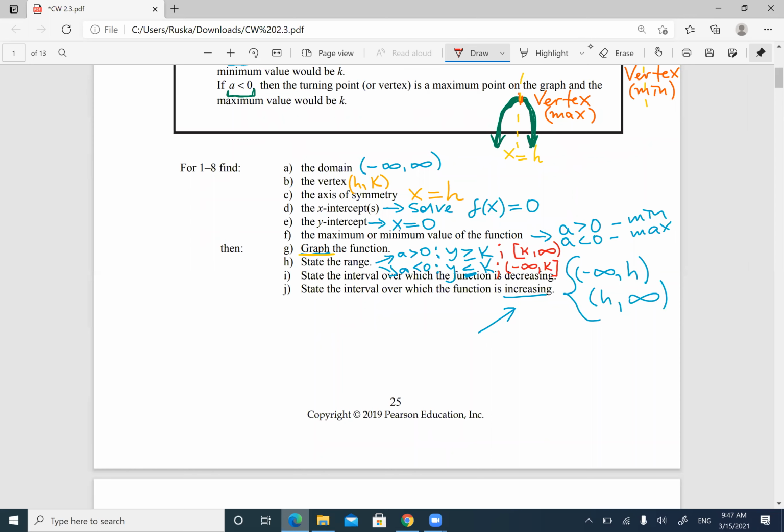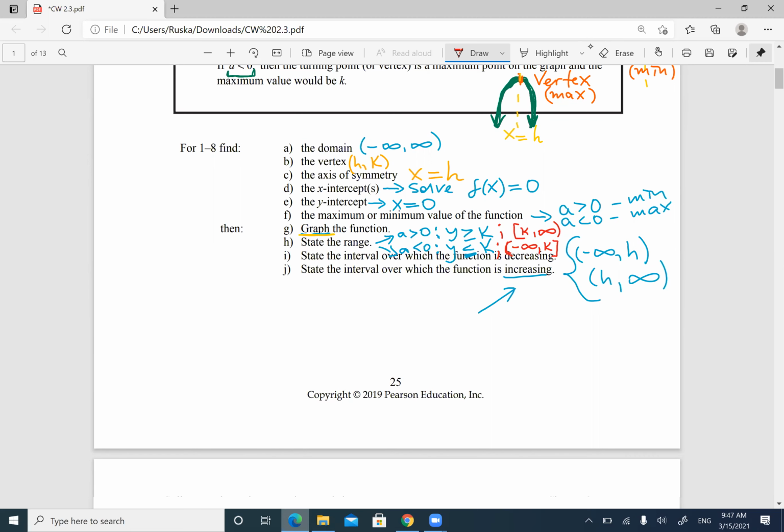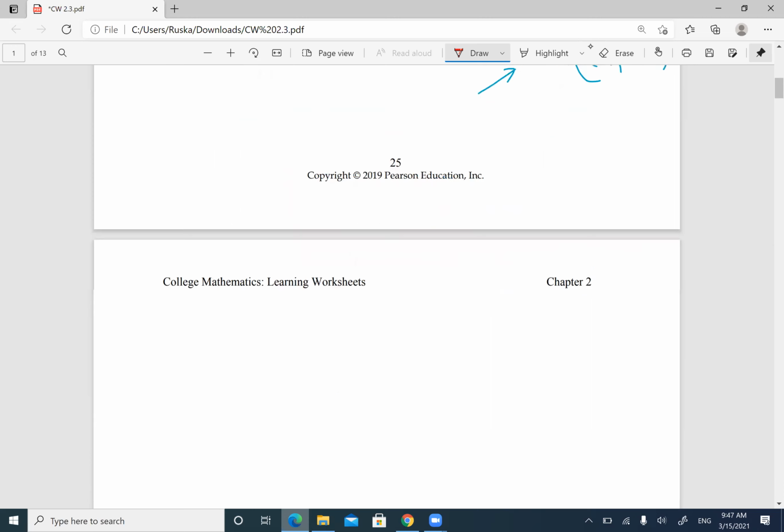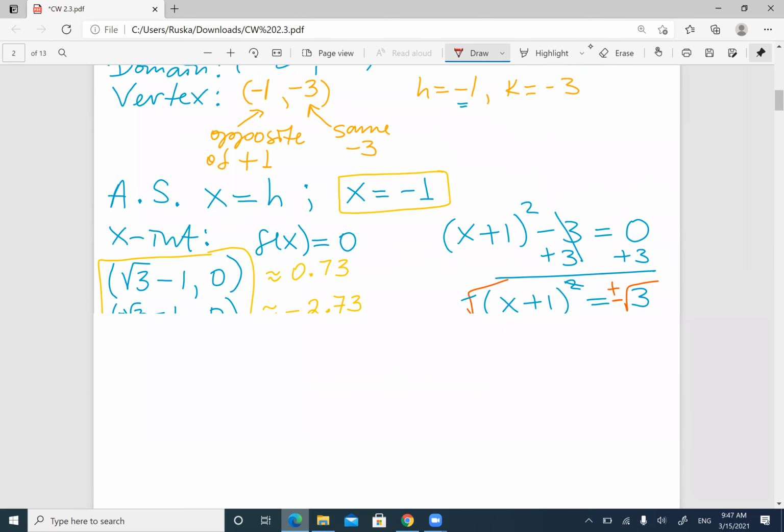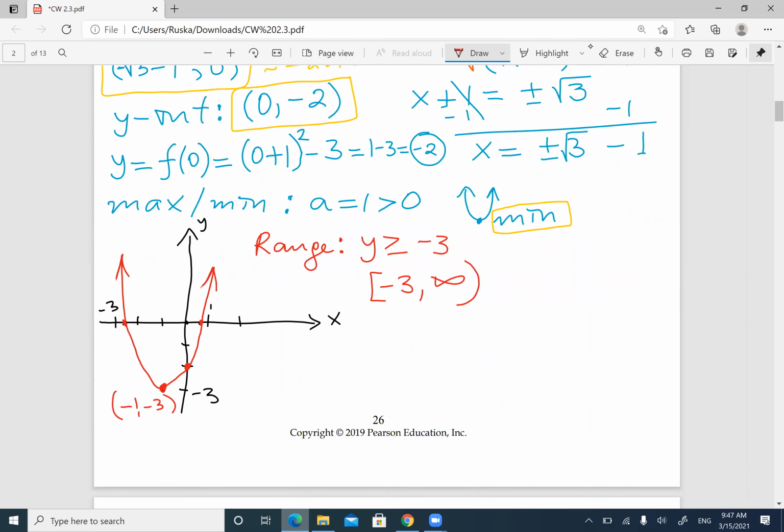That's how you write the range with interval notation. Okay, and then we have to find the interval of increasing or decreasing. So looking at my graph. I'm sorry, for the range, it would be -3 to infinity, positive, because you're going up.